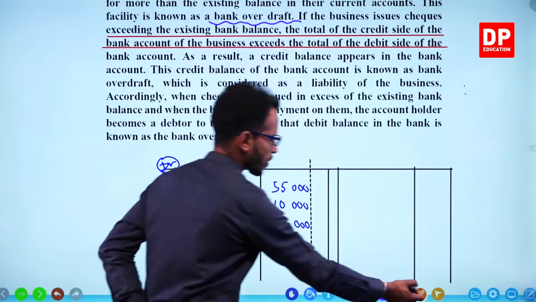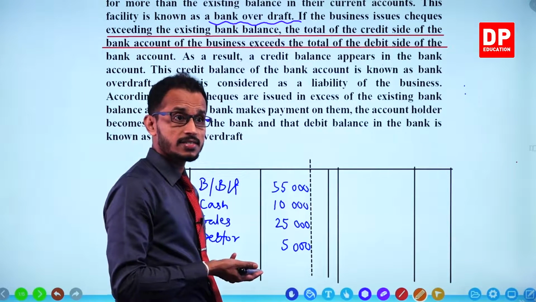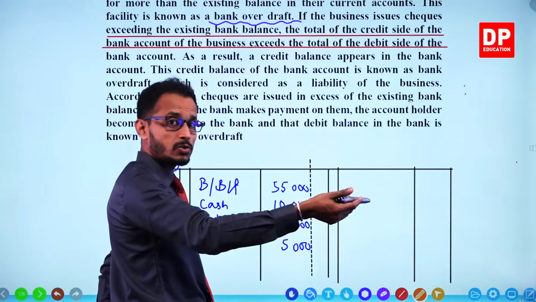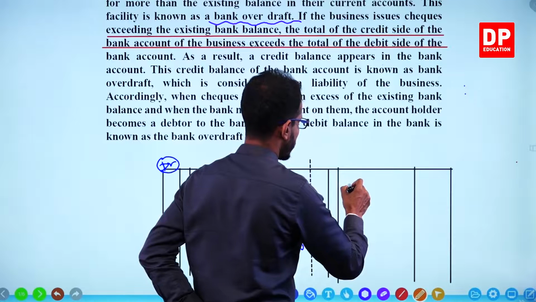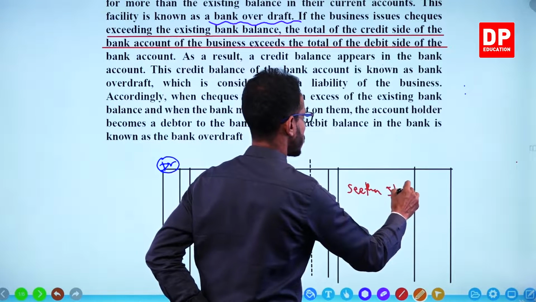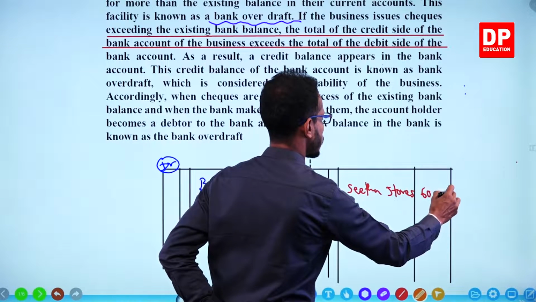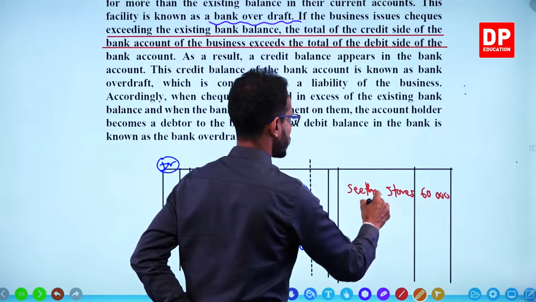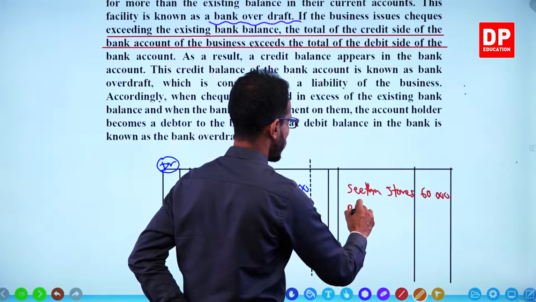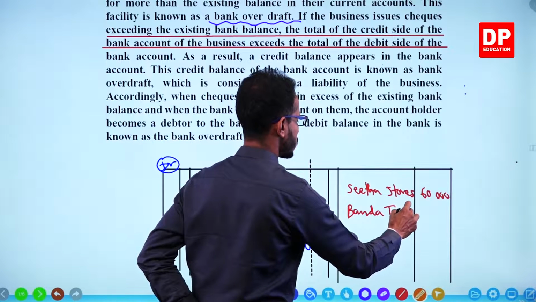All right, let's fill in the credit side. Let's say in the credit side we have entries such as checks paid to creditors: creditor Sita Stores 60,000. Another check has been issued to, let's say, Banda Traders.